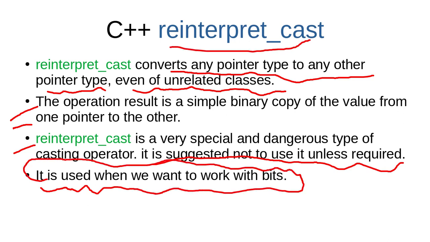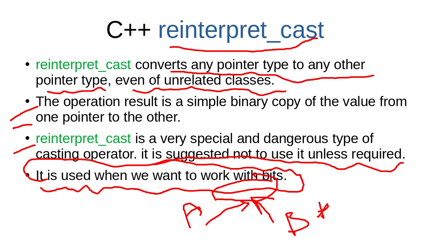So reinterpret cast is, let's say we have a pointer pointing to an object, this pointer of any type, and using reinterpret cast you can change the pointer type to any type and make it point to the same location.